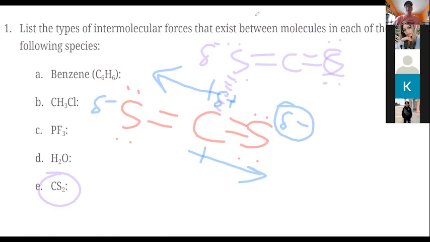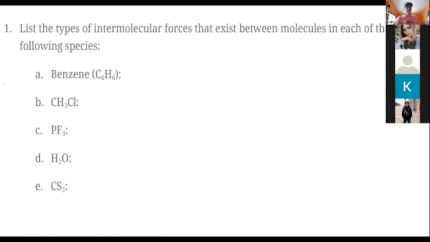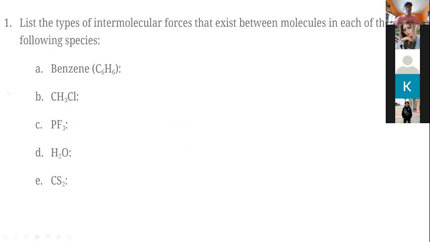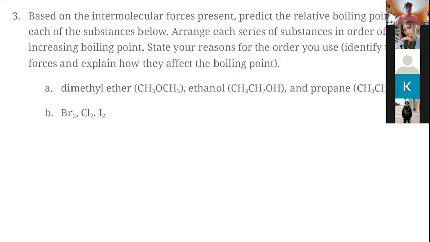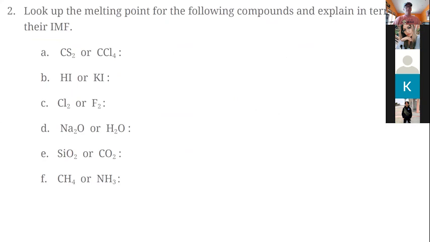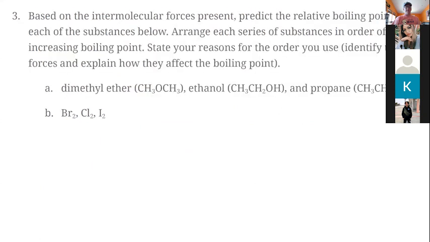Okay. So are there any other, let's have a look at the other problems. I think you can probably work on this one. Someone in the group can look up the melting point and explain in terms of the different intermolecular forces between them. The third one is basically the same question.